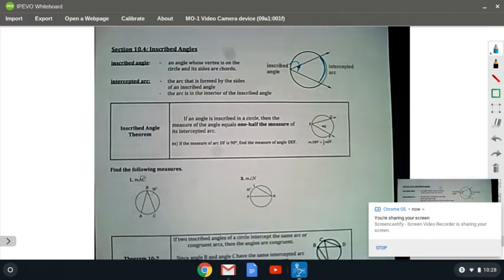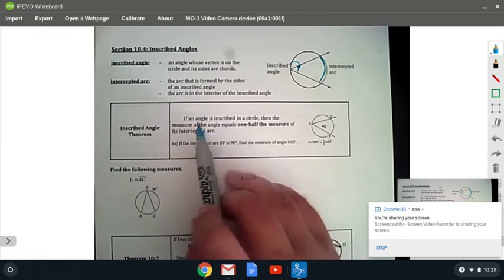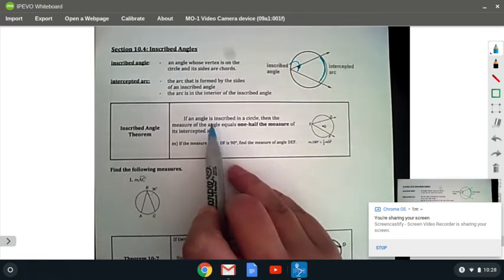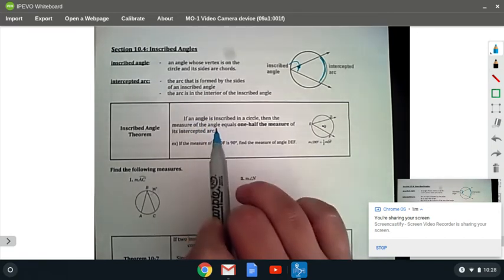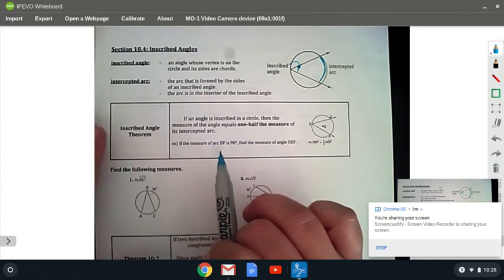In the inscribed angle theorem, if an angle is inscribed in a circle, then the measure of the angle is 1/2 the measure of its intercepted arc.